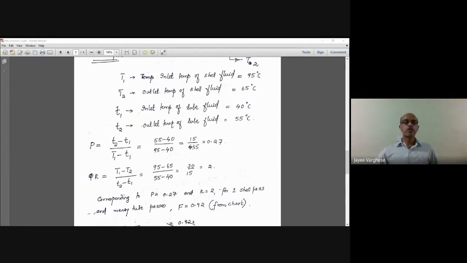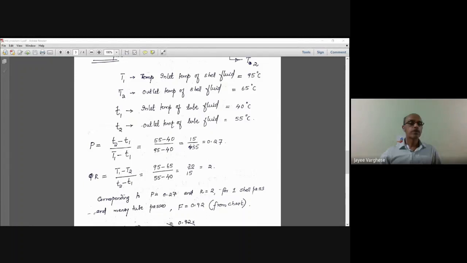We calculated P equal to 0.27 and the factor R equal to 2. The x-axis shows the value P and the different curves give the value of R. Corresponding to 0.27, this is 0.2, this is 0.3, in between we have 0.25, and 0.27 will be somewhere here. So projecting upwards to the curve R equal to 2.